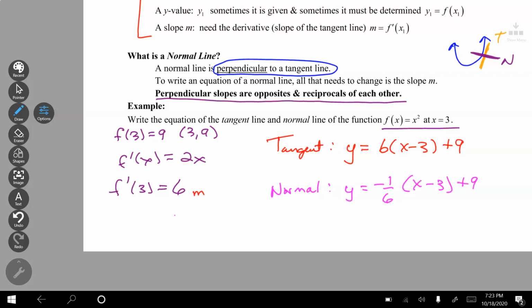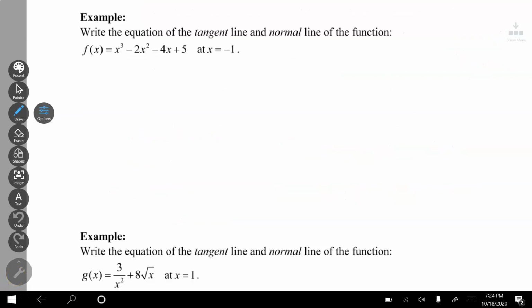If 6 is my slope, then my perpendicular slope is negative 1/6. Like I said, if you looked at the graph of this and this was the point (3, 9), the slope here would be 6, and the slope here would be negative 1/6. Okay, that's the idea. Let's try some examples.